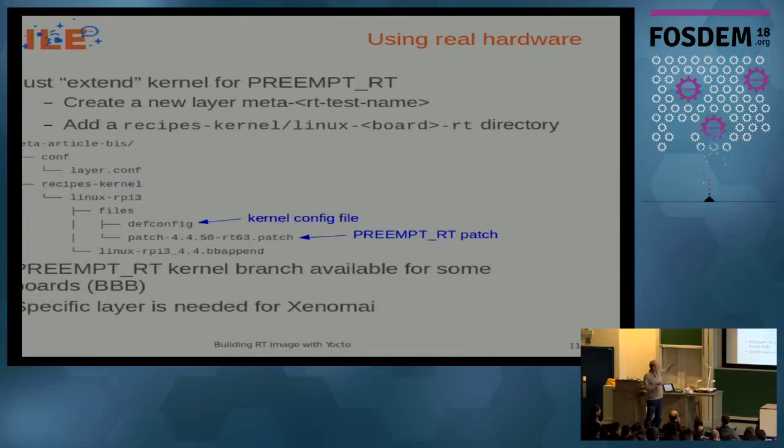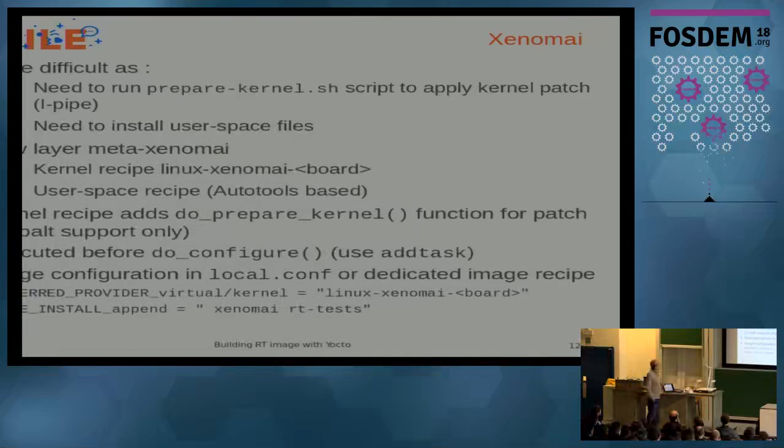So I wrote a new recipe for the Linux Raspberry Pi kernel, but it works only for Pi 3, while the standard kernel works for all types of Raspberry Pi. Xenomai is difficult as you have to patch the kernel with a specific script, which is called prepare-kernel. It's a procedure for Xenomai, and you need to install the user space files.